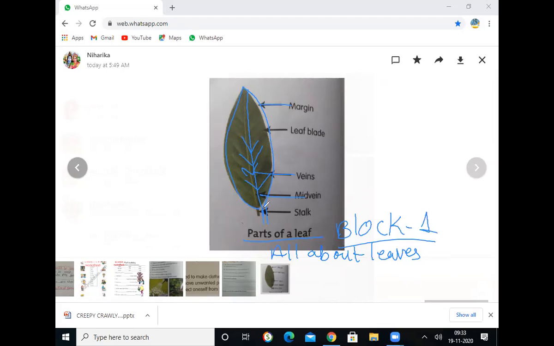At the end, a strong, hard structure is called the stalk. The gap between veins is called the leaf bed. These are the parts of the leaf you should learn for your essay.